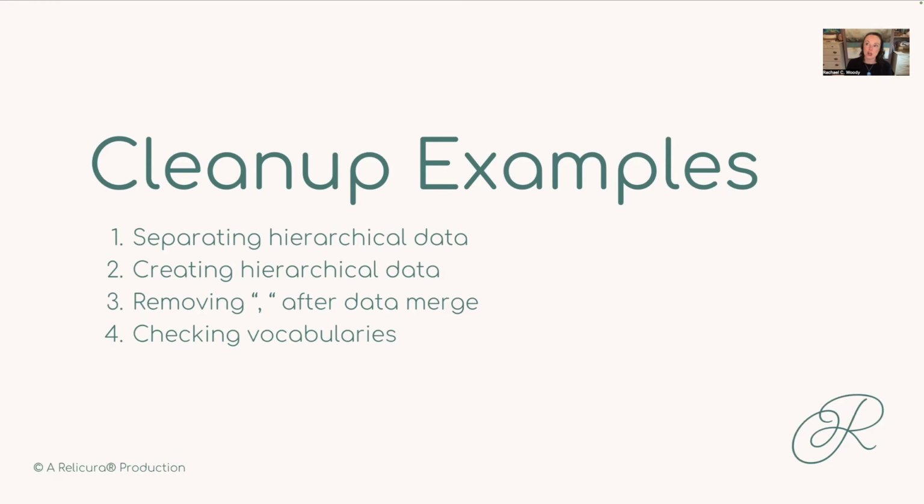And so for the geography, it had the usual country, state, county, city, but then it had a whole bunch of very specific local information that was currently attached, but would actually serve us better in a different field. So we actually needed to separate out, in this case, part of the hierarchy, but still retain that object link, which makes that the fun part. For the second example, we're going to create a hierarchy.